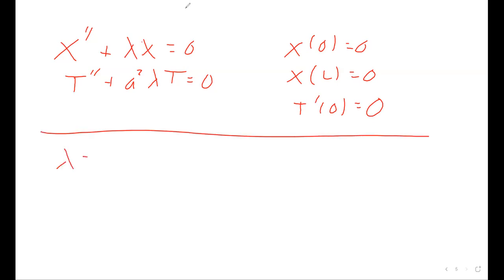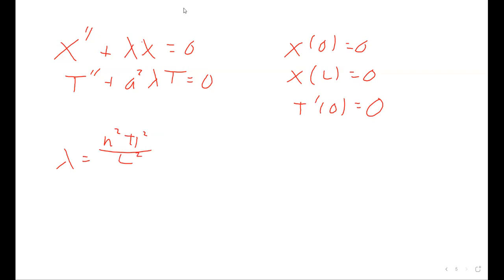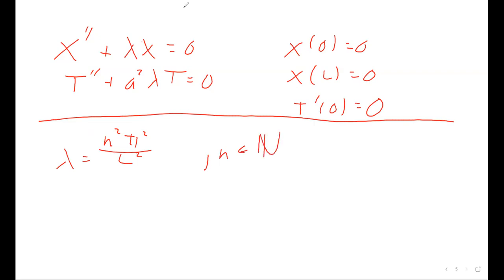So our lambda equals n squared pi squared over L squared. Let me erase this line so it's not cutting through what I'm writing. There we go. And this is going to be for our n's that are natural numbers. So 1, 2, 3, 4, 5, 6, positive whole numbers.